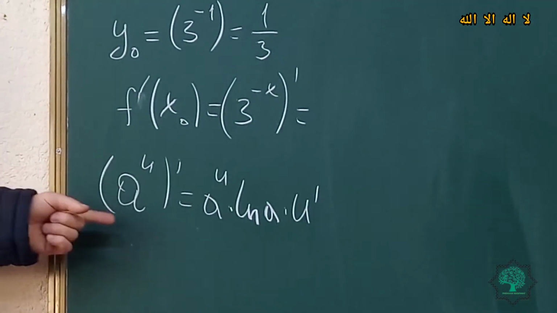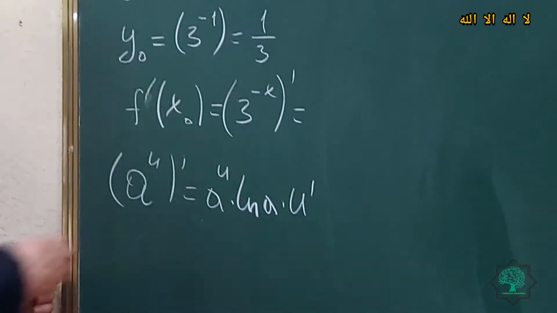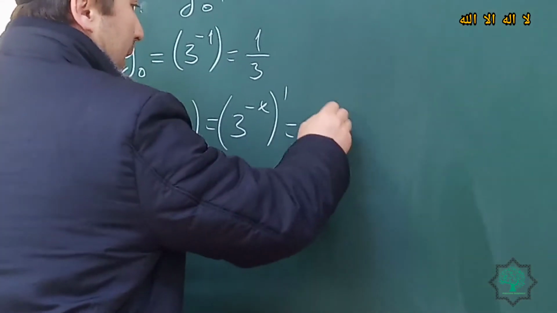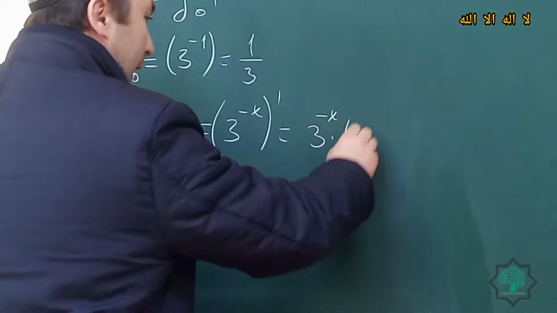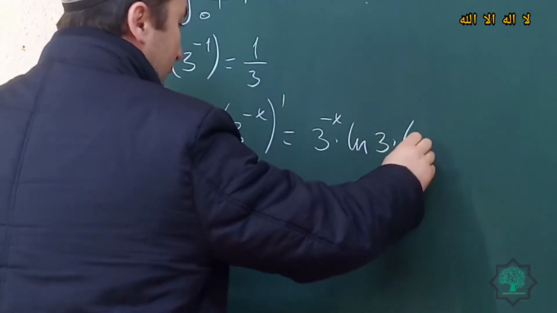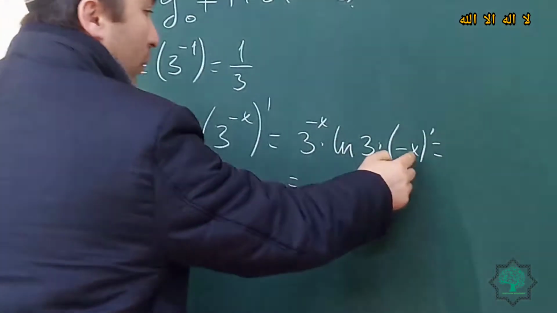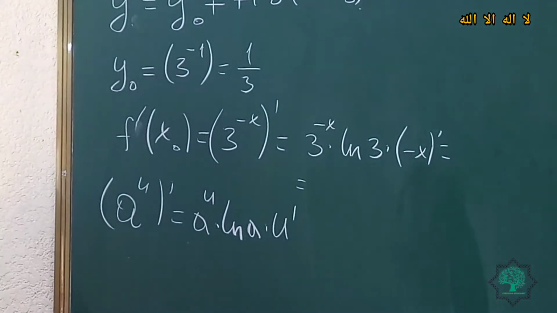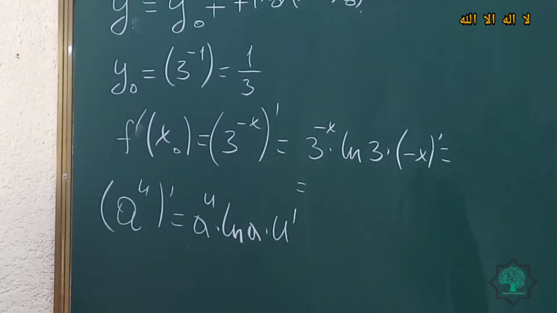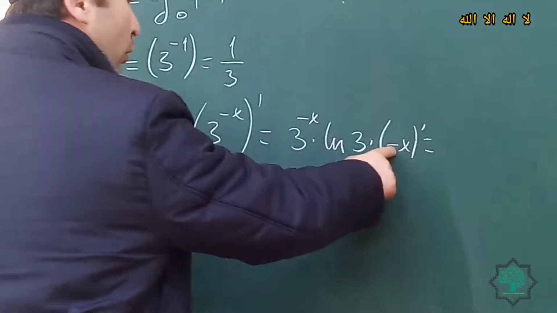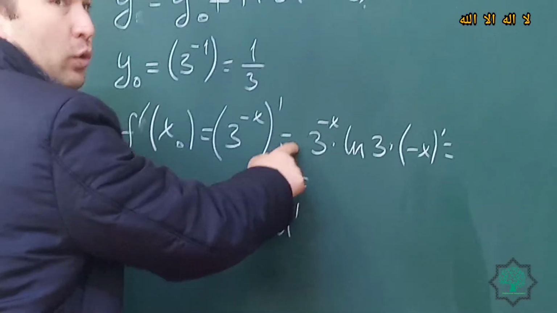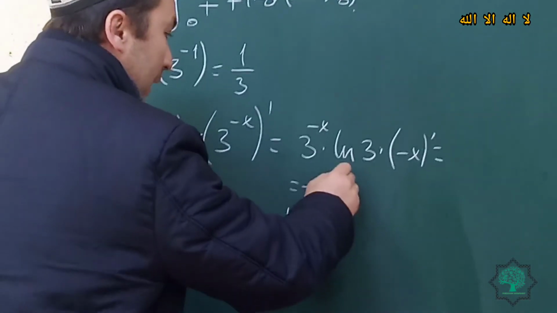You should use this formula. So here 3 to the minus x, ln 3, times the derivative of minus x. What is the minus x derivative? Minus 1. Yes, so we put minus before, and we have.